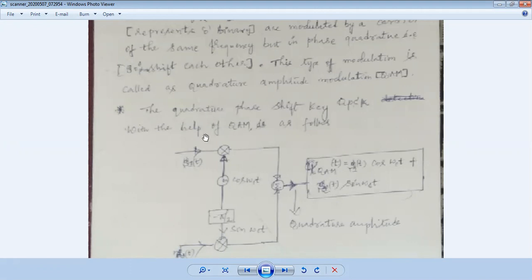This type of modulation is also called quadrature amplitude multiplication, because we multiply the signal S1 with cos omega ct to represent 1, and multiply S2 with sin omega ct to represent 0. That is, S1 of t cos omega ct plus S2 of t sin omega ct.